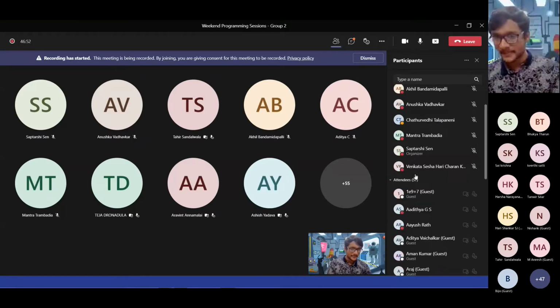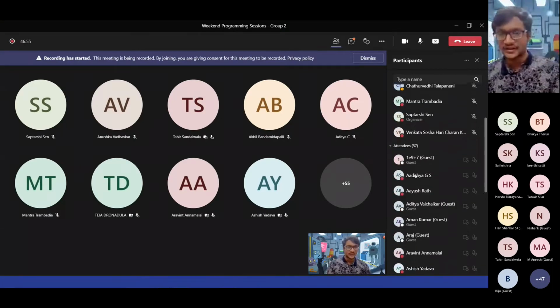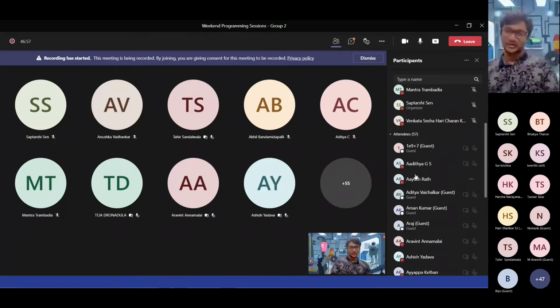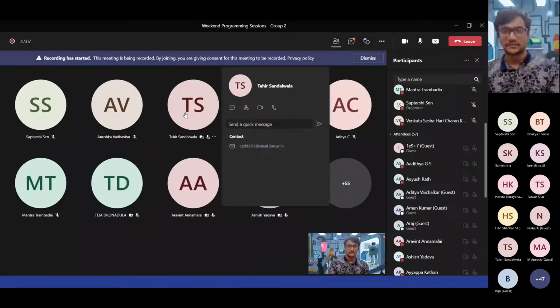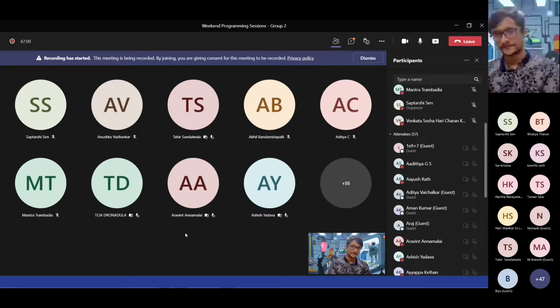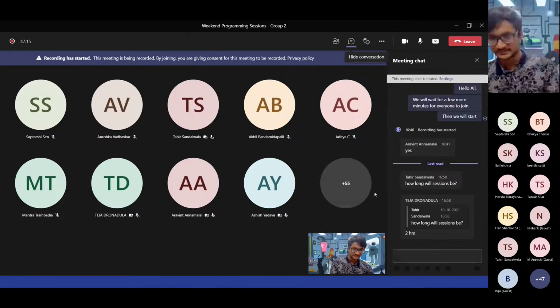I expect you were not in yesterday's session or you don't know the solution. So there are 5 stones in between. Alice and Bob will play. Alice will start, and in their turn, they can remove any finite number of stones. I guess this is a simpler version of the problem, so you can answer.